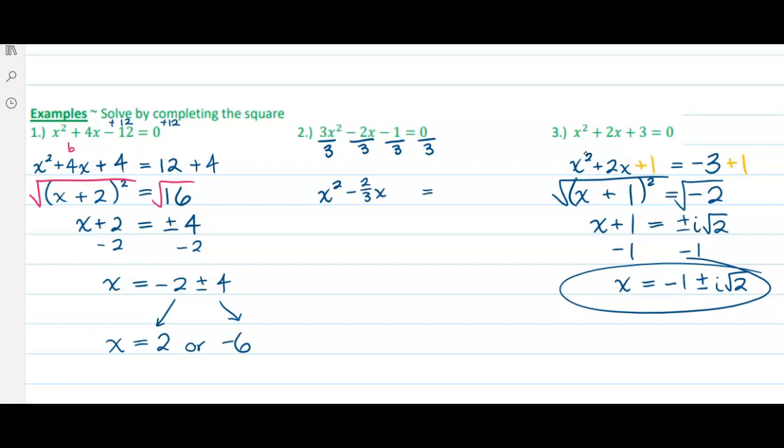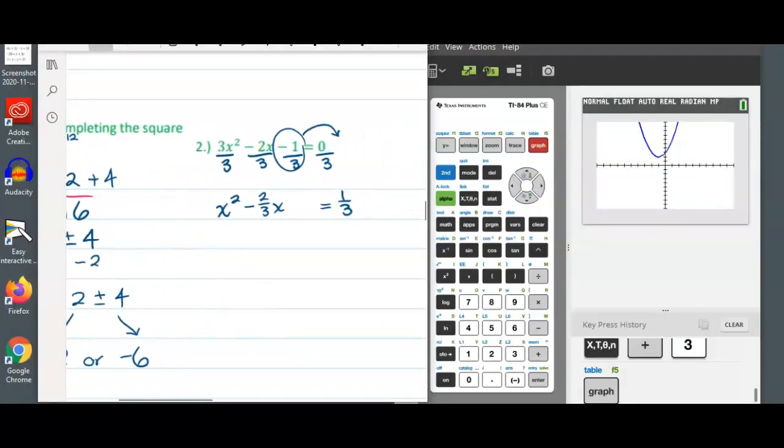Again, I'm going to move this negative 1/3 to the other side. Alright, now I know we've introduced a fraction, but we're still going to work with it just like we've been doing. We're still going to take half of b.